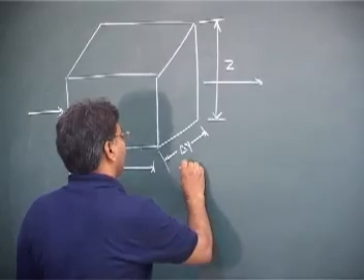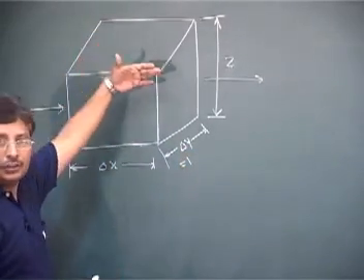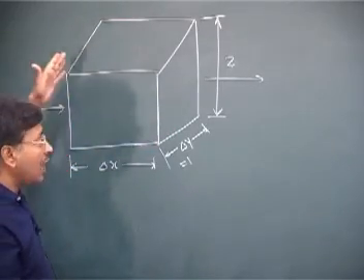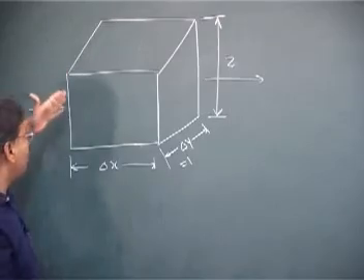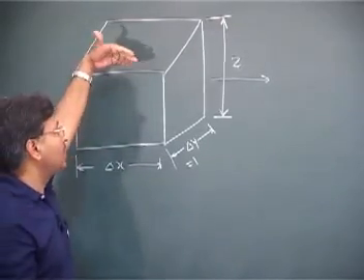And delta y, I assume to be unity because I can have many boxes, and if things are similar, the condition across, in the crosswind direction, will always be the same.